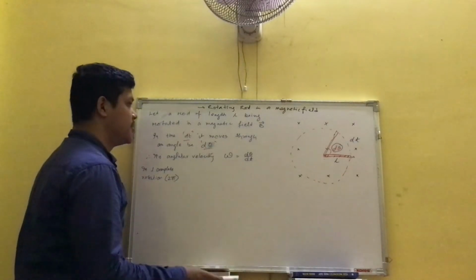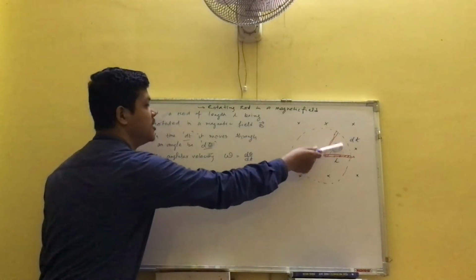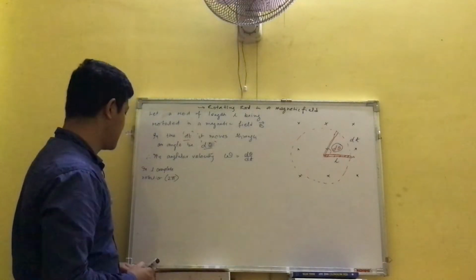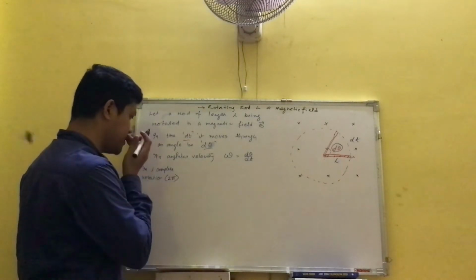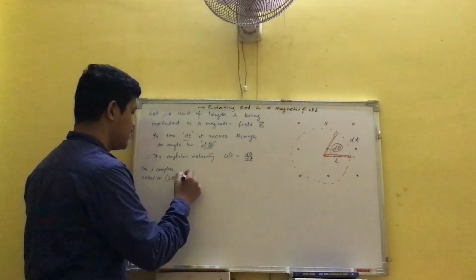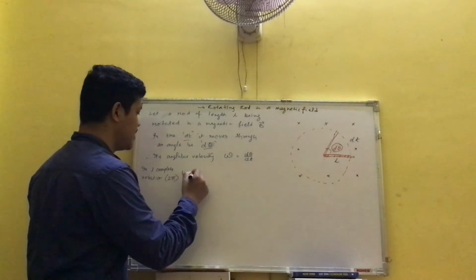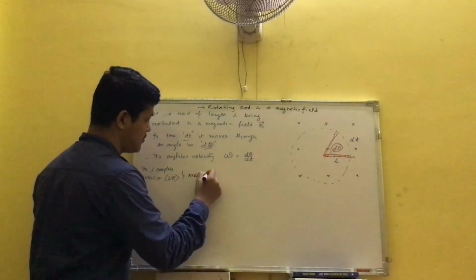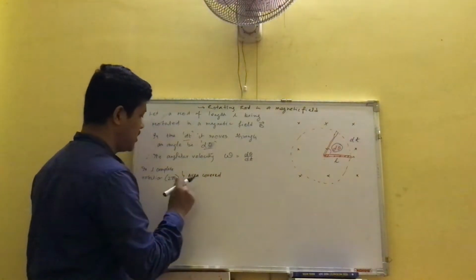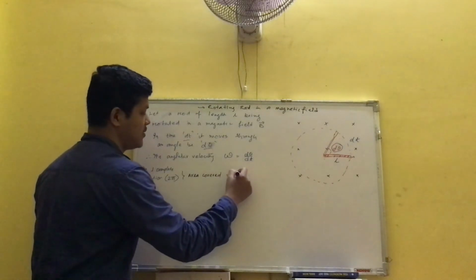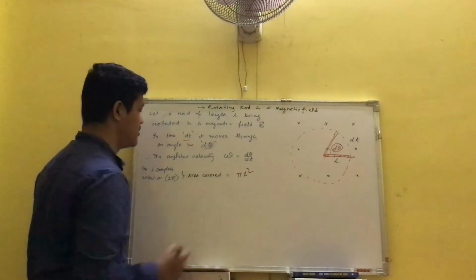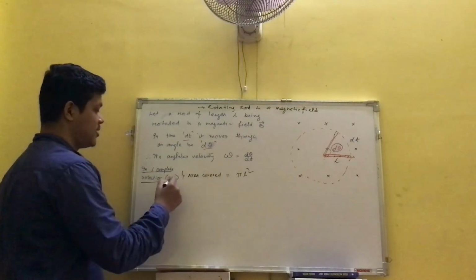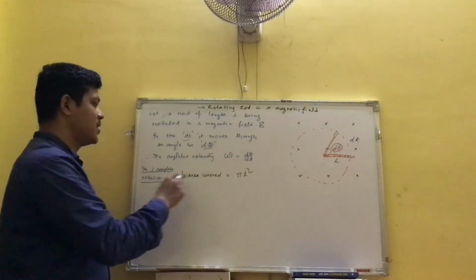So the angle through which it will move after one complete rotation is twice pi. What will be the area it will cover? The area covered is pi L square, right?